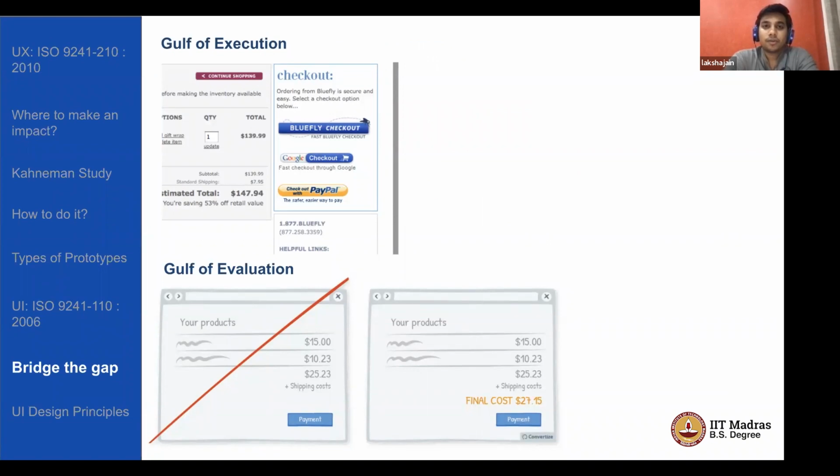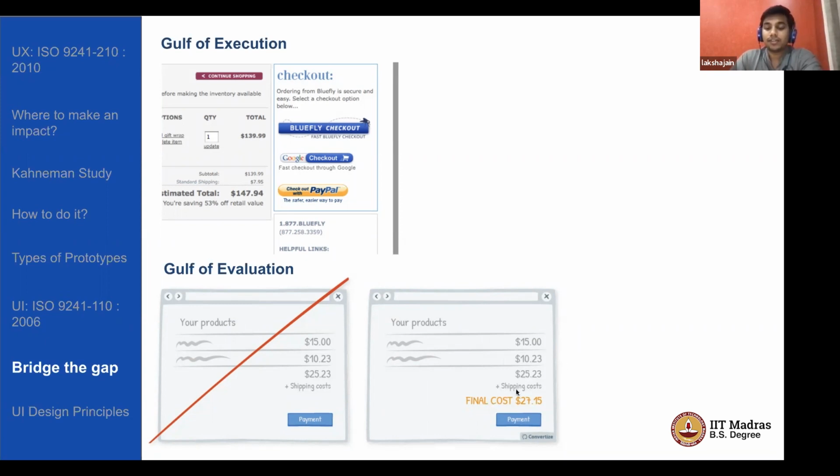For example, let's talk about the gulf of evaluation. As you can see over here, the system is trying to showcase a certain final cost, which is 27.15, but it is not showcasing the shipment cost, which it is leveraging out of the user over this particular cart value. So that is something which will create a gap between what the user perceives and what the system is trying to convey, right?